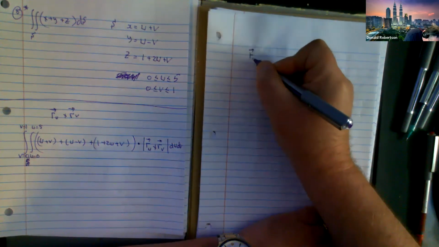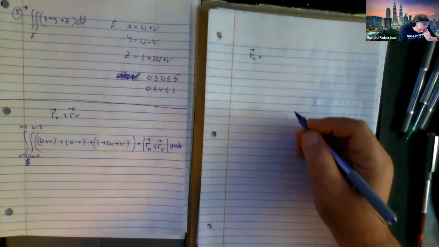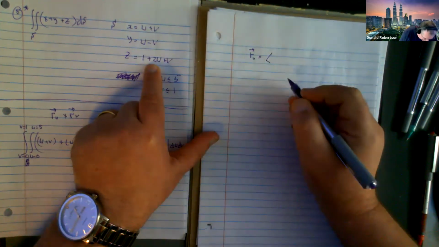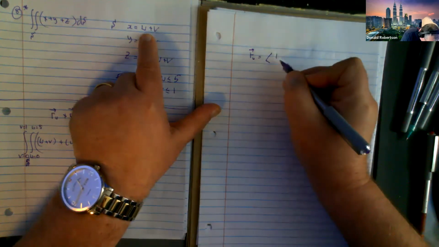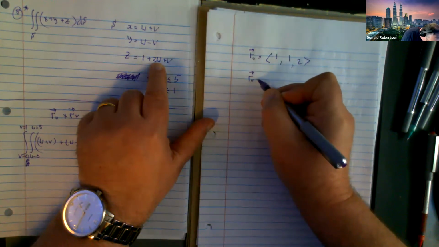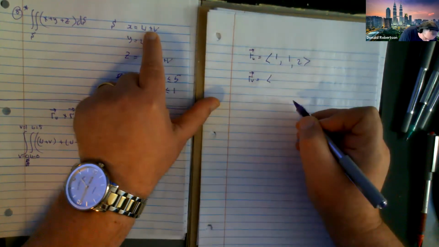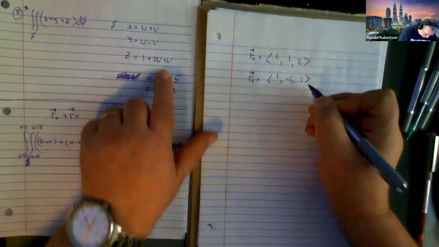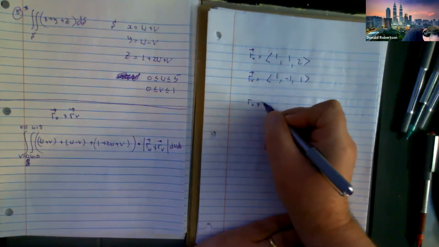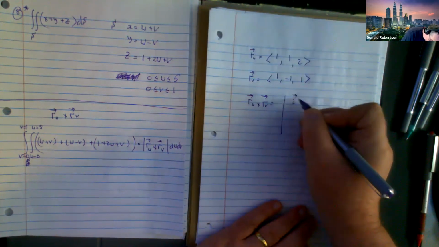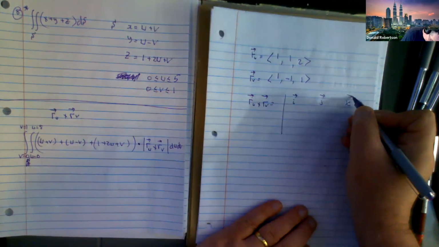Okay, so let me do that at the side. Ru is basically this vector differentiated with respect to u. So that's 1, 1, 2. Rv is this same vector, but differentiated with respect to v. 1, minus 1, 1. The cross product of those two vectors. So we do an i, a j, and a k.